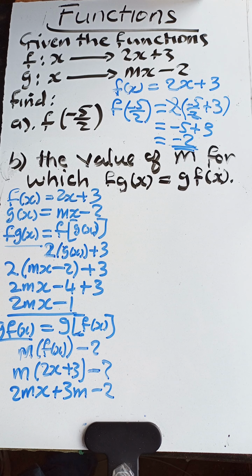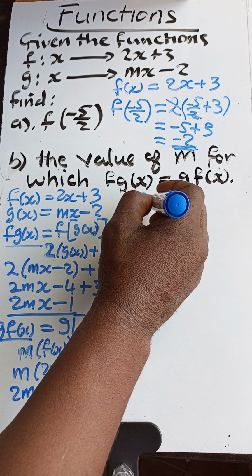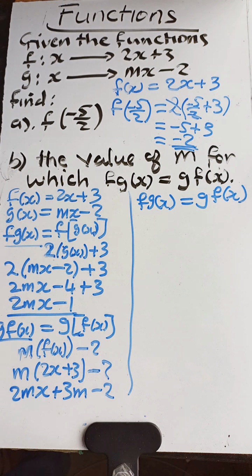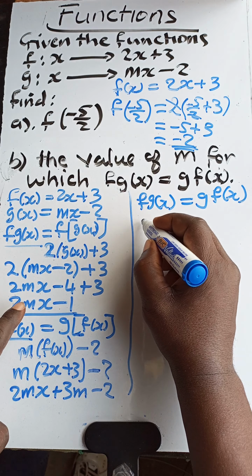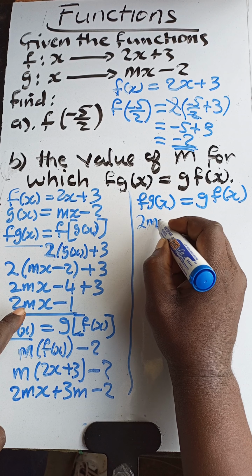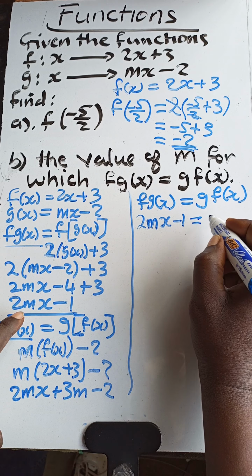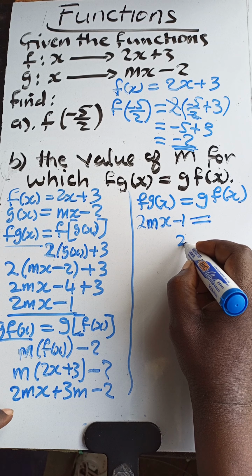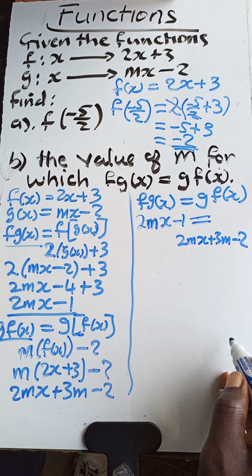Now, we are asked to solve the equation fg of x is equal to gf of x. Okay, fg of x is 2mx minus 1. So we write 2mx minus 1 is equal to gf of x, which is 2mx plus 3m minus 2.